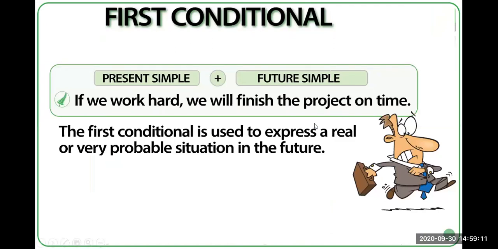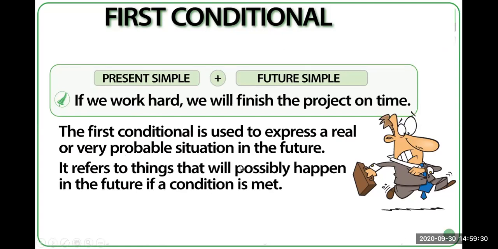The first conditional is used to express a real or very probable situation in the future. So this situation could be real in the future. It refers to things that will possibly happen in the future if a condition is met.